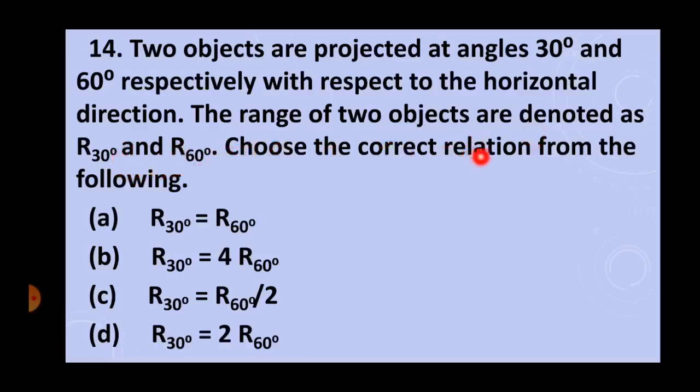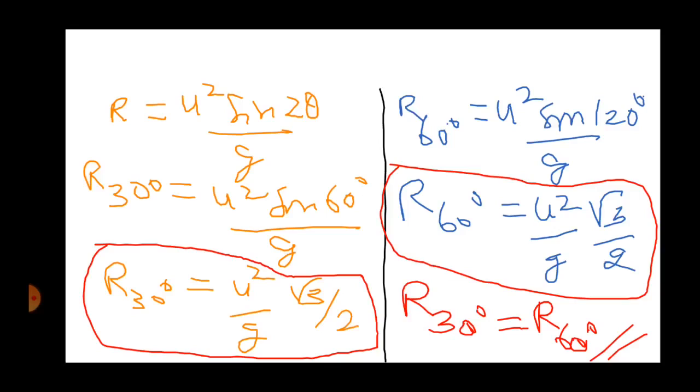Choose the correct relation from the following. The first object is projected at angle 30 degree, the second object at angle 60 degree. Now tell me, what is the formula for range? Range r is equal to u square sin 2 theta by g.